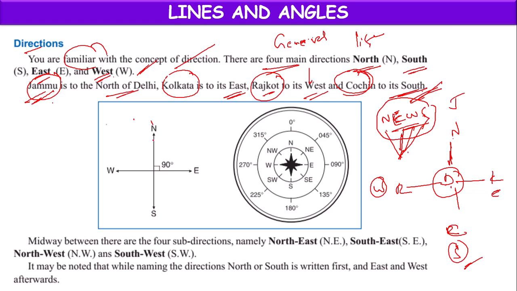So here, these two intersecting lines denote 4 directions. If we consider them as individual separate lines, this is one ray towards east, a ray towards north, a ray towards west, a ray towards south. All 4 rays are perpendicular to each other.